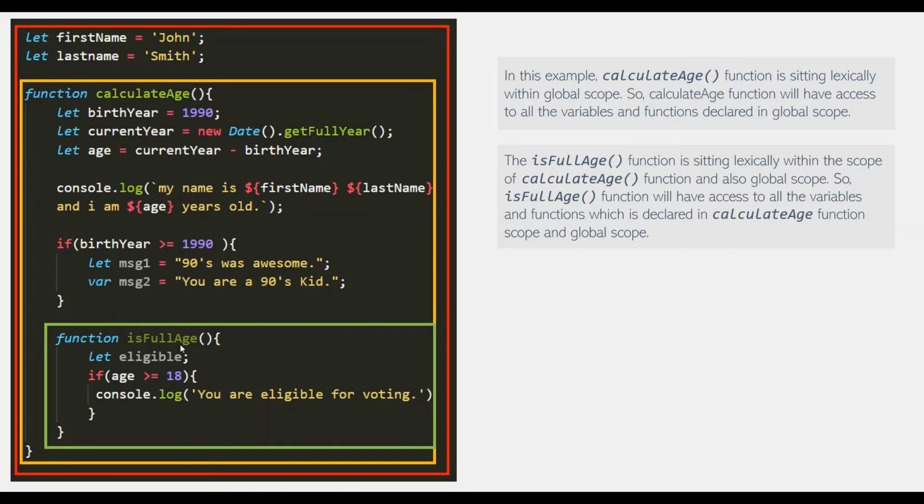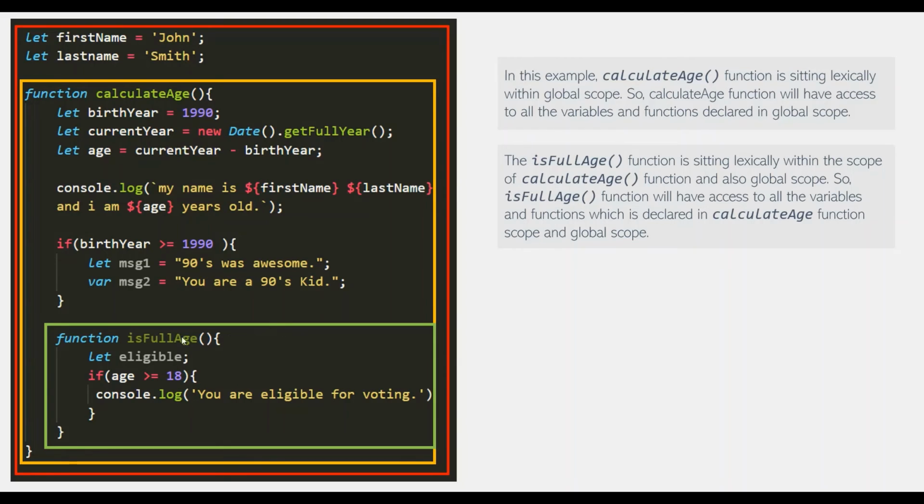The parent scope for isFullAge is the scope created by calculateAge, so we can use the birthYear, currentYear, and age variables inside this isFullAge function.